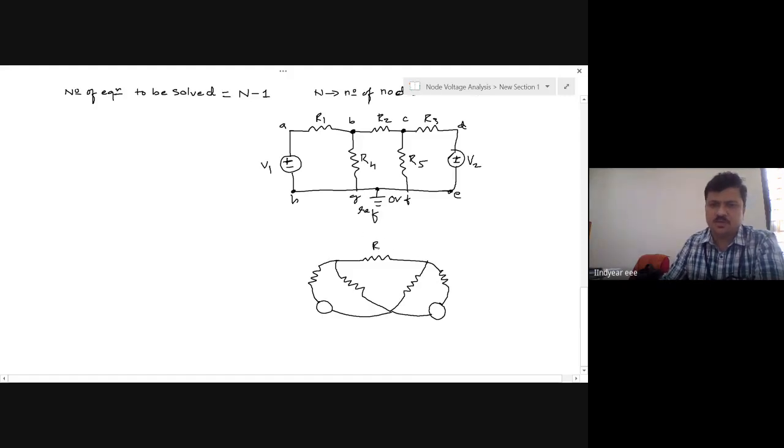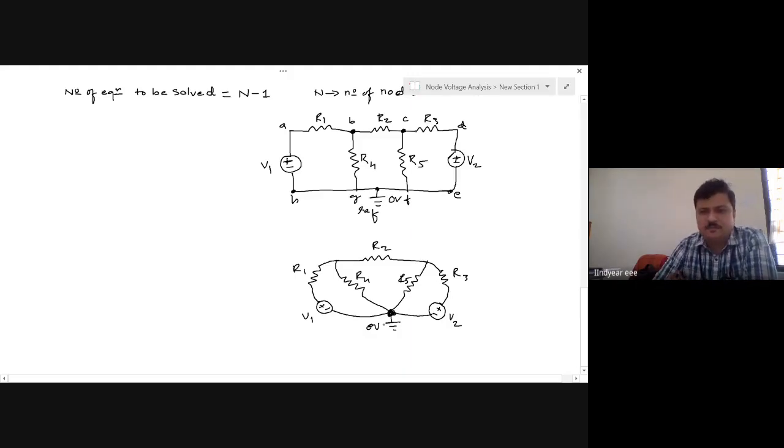So this is R2, this is R4, this is R5, R1, R3, V1, V2. This is ground. So now it is very much evident that all the branches are connected to the same point of ground potential. Okay. Now the next part.